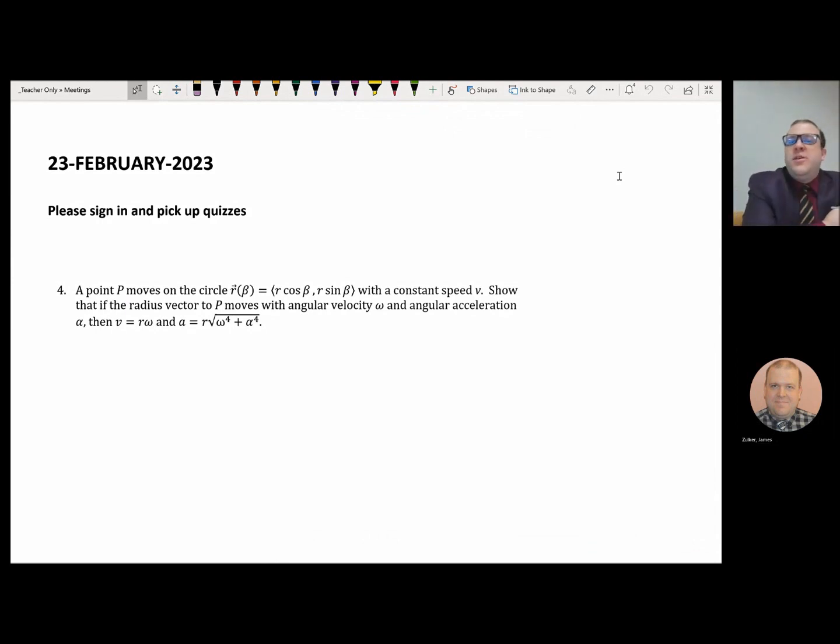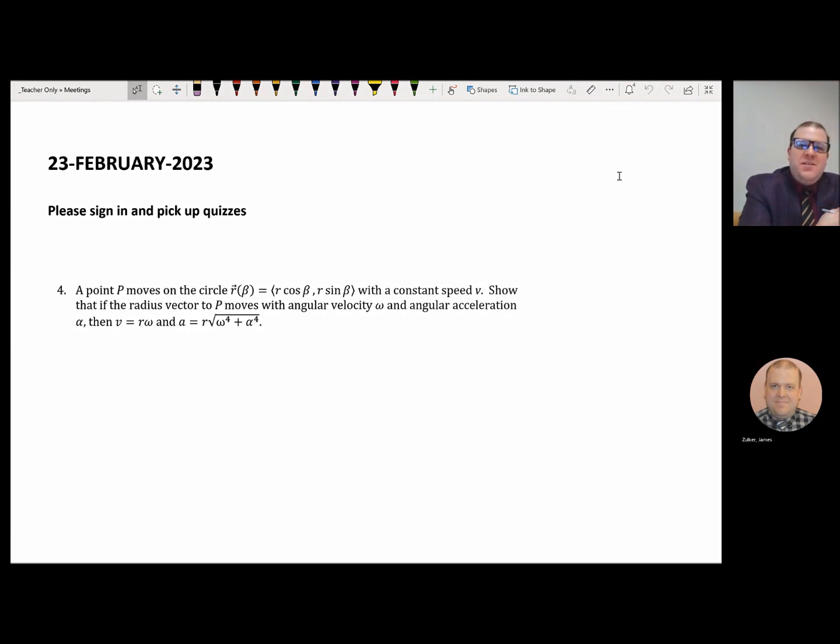Point P moves on the circle given by r cosine beta, r sine beta, with a constant speed of v. Right, so v is the linear speed.